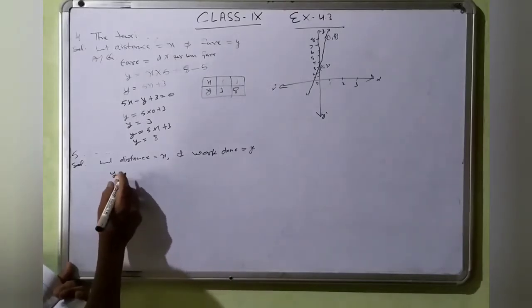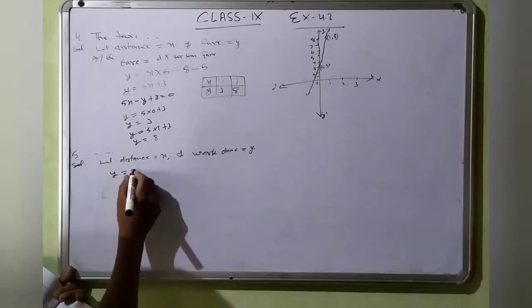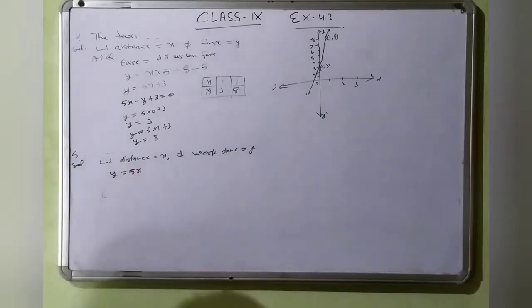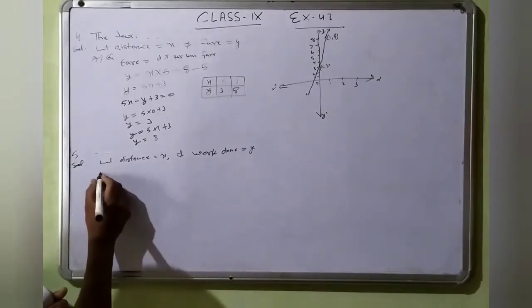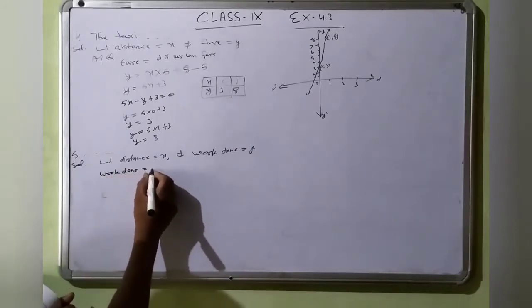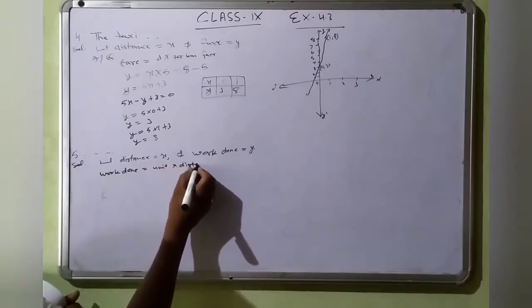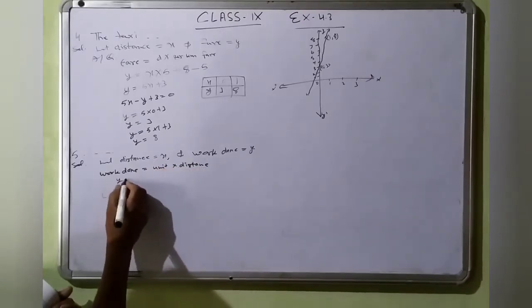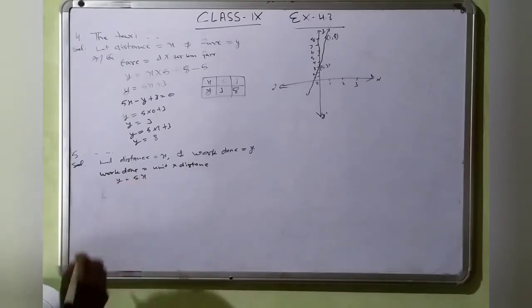So 5 units, so that will be work done is equal to unit multiplied by distance. Work done is y, and that will be unit 5 and then x.